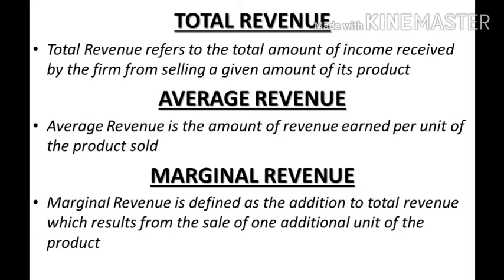Symbolically, MR of nth is equal to TR of n minus TR of n minus 1. I hope you are well trained to derive MR from TR and TR from MR.